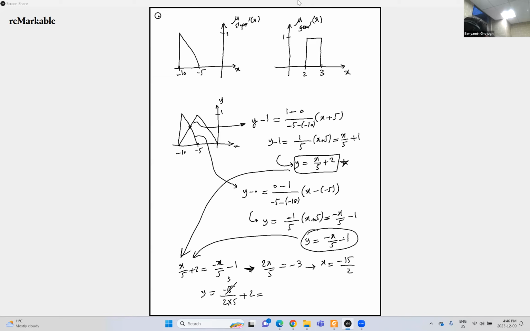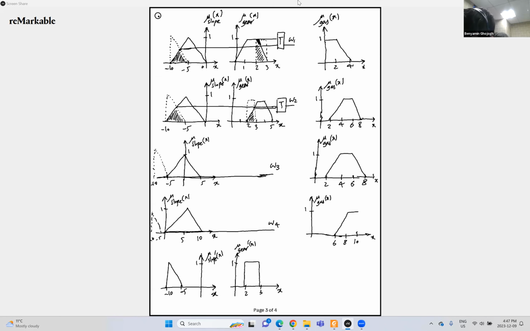So they cancel each other: minus 3 over 2 plus 2, so 2 minus 3 plus 4 over 2, half. So this is half. Half and 1, their T norm becomes half.